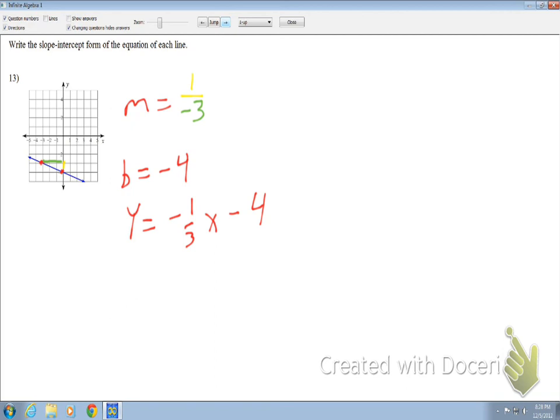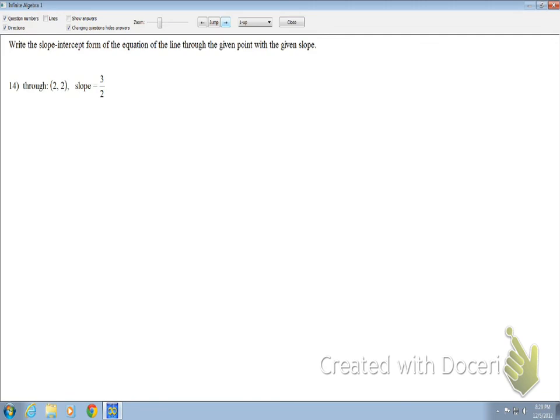All right, let's look at problem number 14. Now we're going to use our new formula. We want to write this answer in slope-intercept form, but in this case, I'm given a point. It's through the point (2, 2), and it has a slope of 3/2.